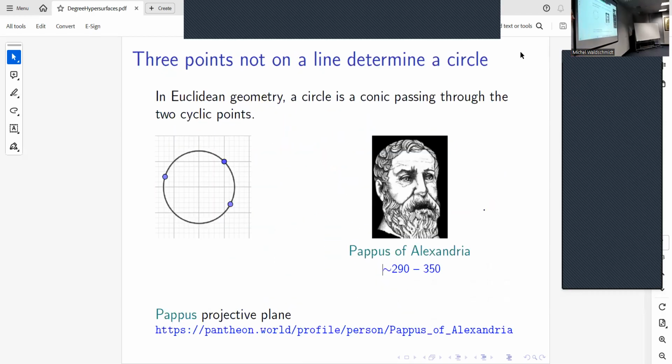So you may have learned that 3 points determine a circle. But what is the connection between the 3-point theorem and the 5-point theorem of Pascal that I mentioned before? There is a strong connection, because in Euclidean geometry, a circle is a conic which passes through the 2 cyclic points. So you have to take complex values, and the quadratic form is x squared plus y squared, and you have x equals plus or minus i, which are the 2 cyclic points.